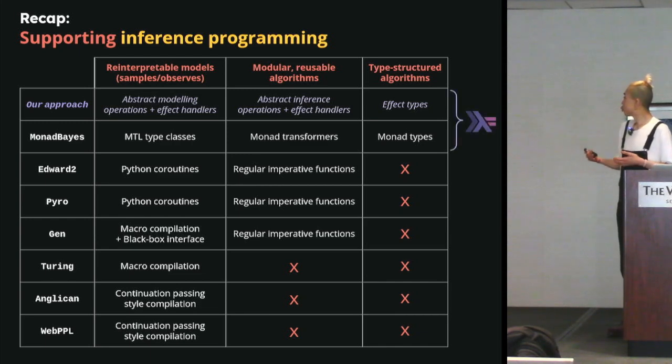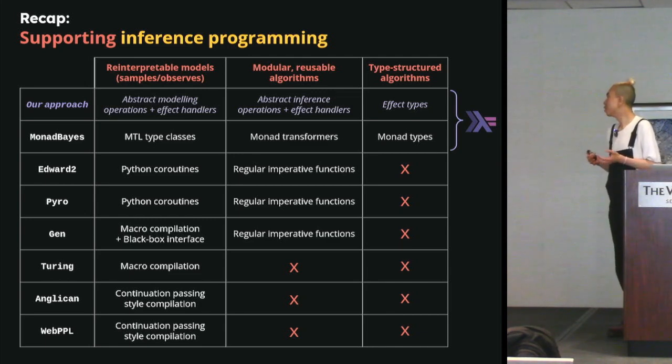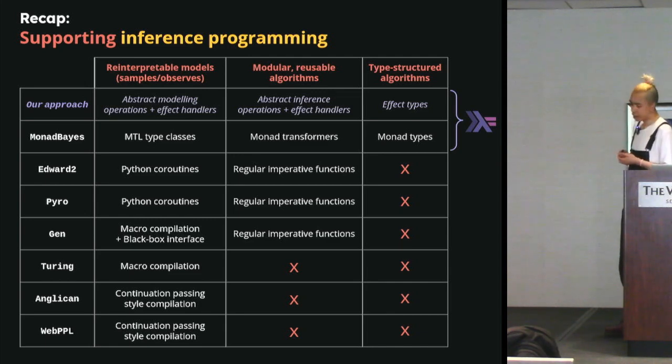Typed functional languages like Haskell give us a really solid foundation for all of these aspects. This was shown by a really cool language called Monad Bayes, which used a monad transformer approach. However, Haskell and probabilistic inference are individually quite hard, and intersecting them can have a really steep learning curve, especially when we start involving monad transformers.